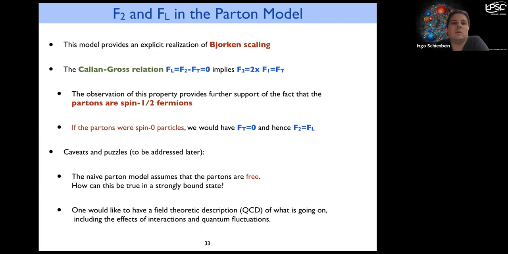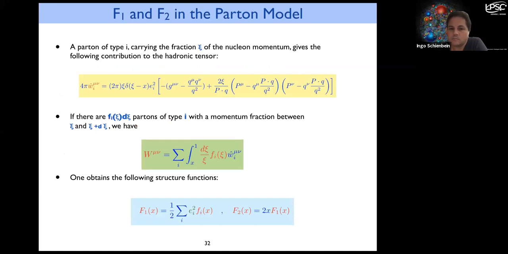So this model provides an explicit realization of Bjorken scaling. There's no q-square dependence here due to the point-like partons.